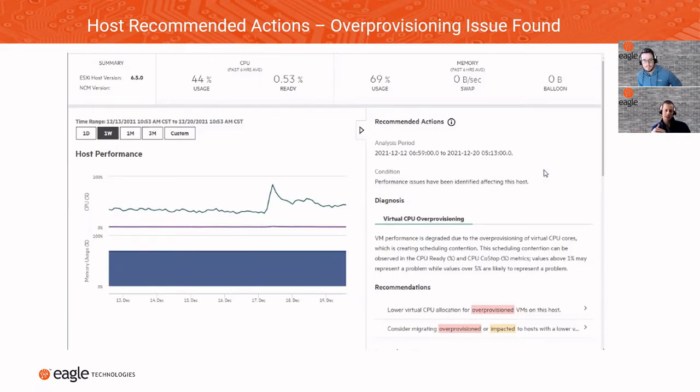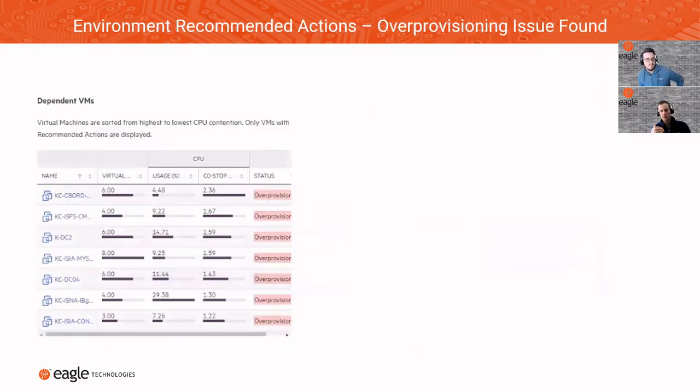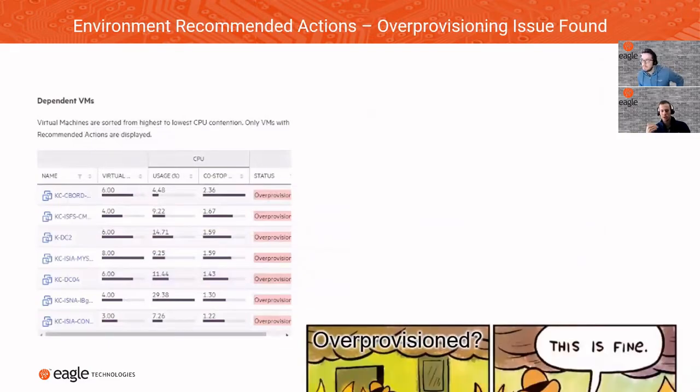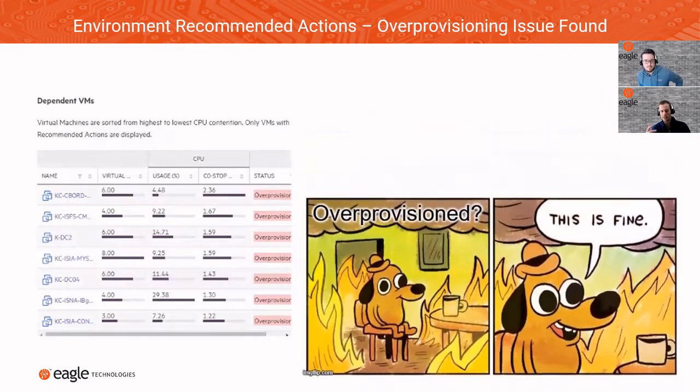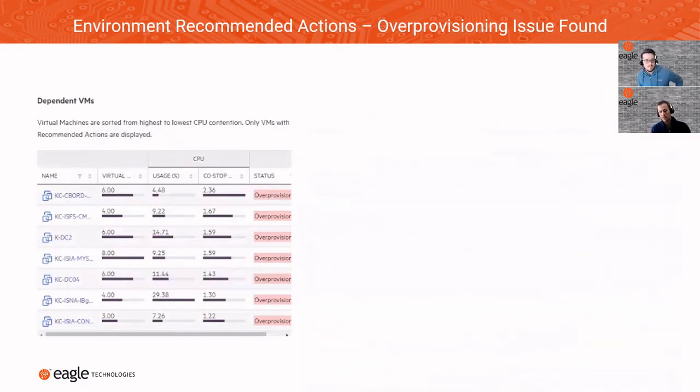If we go to the next page, we can dig into the recommendations and see the details of different VMs, their usage, their co-stop, which is a problem trying to schedule multiple processors at the same time. And it's saying they're over-provisioned. So it's going to help us know what to look for. We took a manual approach the first time, but here's another way you can simplify things and go after what it's telling you might be a problem.